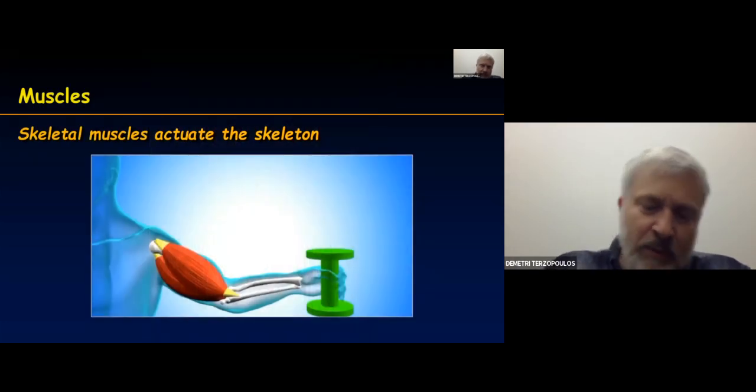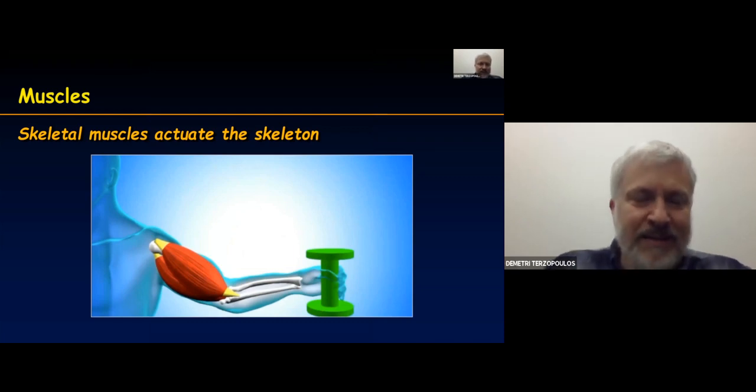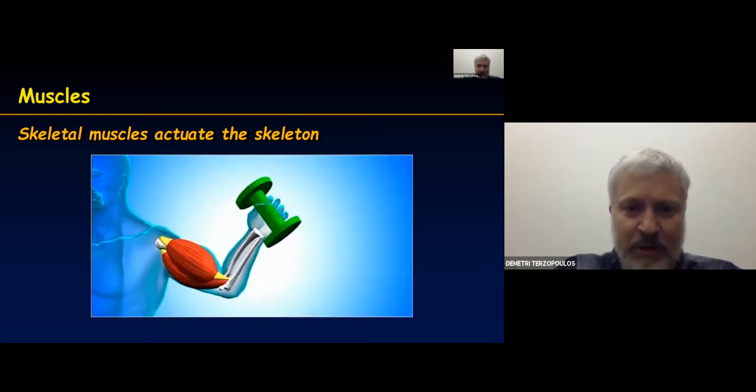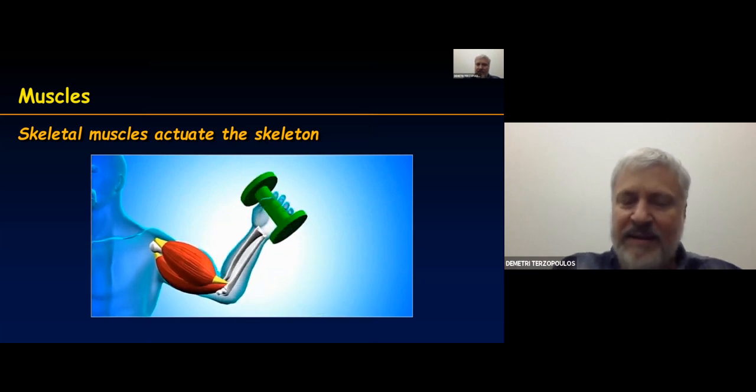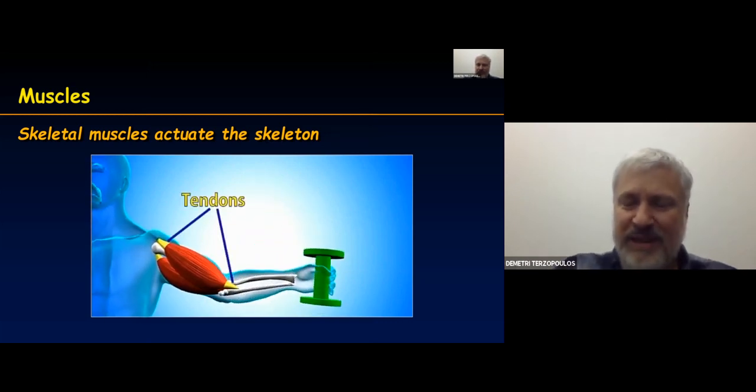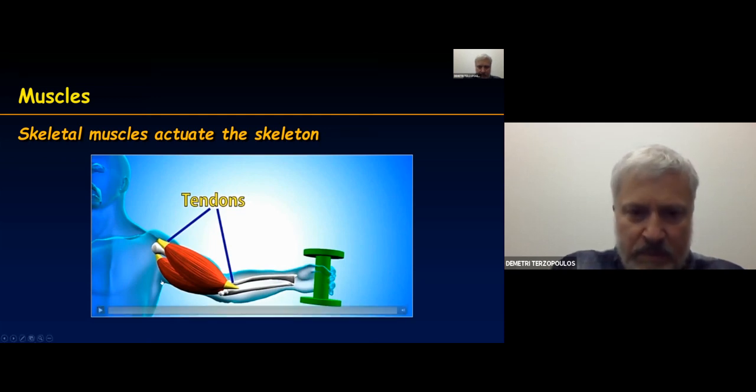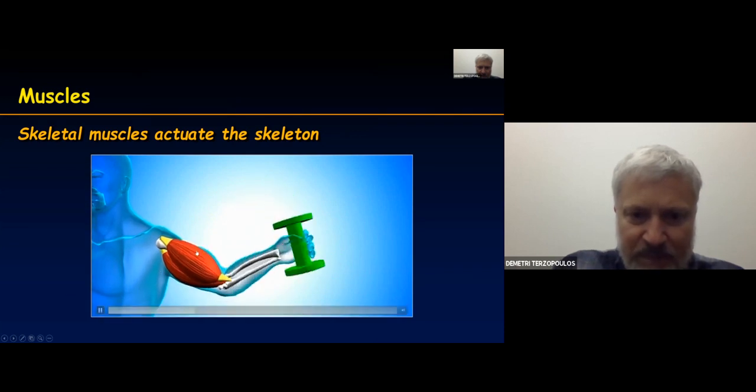So, we can start by looking at the muscles, the skeletal muscles. As we know, skeletal muscles actuate the skeleton. Usually these muscles come in pairs. You have agonists and antagonists, or flexors and extensors, as they're called. They work in pairs.